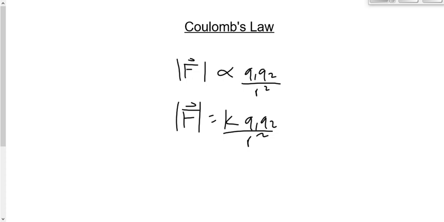Now, let's identify what each of these variables mean, the units, and then we'll do a calculation with it. Q1 and Q2, those are the values of the charges. And it doesn't matter what order you list them in. Like, let's say you guys are the two charges here. We won't say whether it's an attractive force or a repulsive force, but you guys are the two charges.